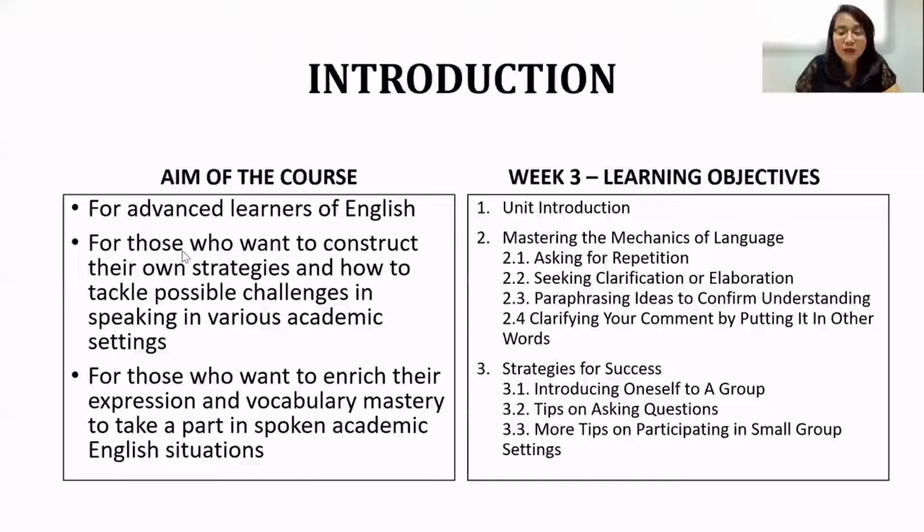And now we will try to make the setting a bit bigger. It's about involving in a small group setting 1. And then as time goes by, as you move to another lecture of this course, you will see the bigger setting of English for academic communication. Well, without further ado, let's start this course about small group setting 1, about the language mechanics and strategies.